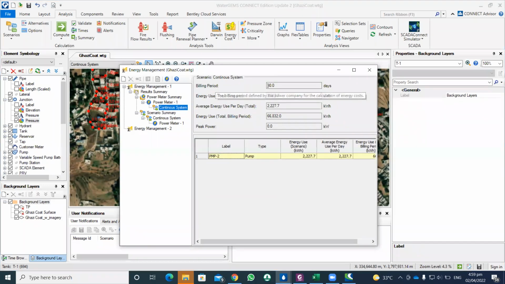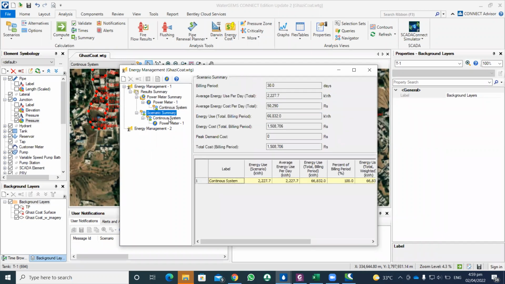So you can observe for the 30 days, the total energy use is this value, and the total for the billing period of 30 days is about 66,832 kilowatt hours of energy use.